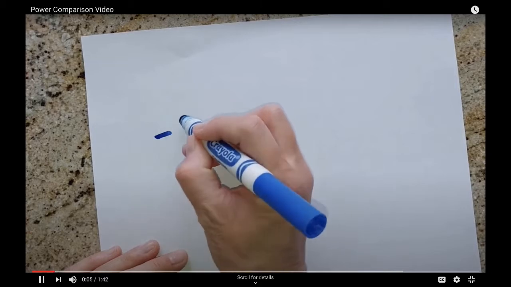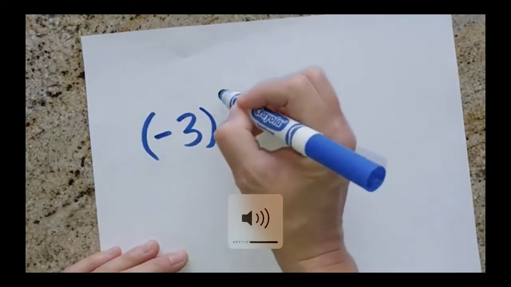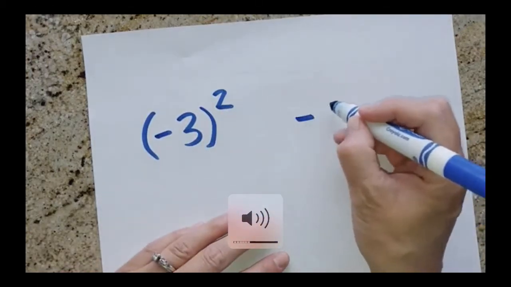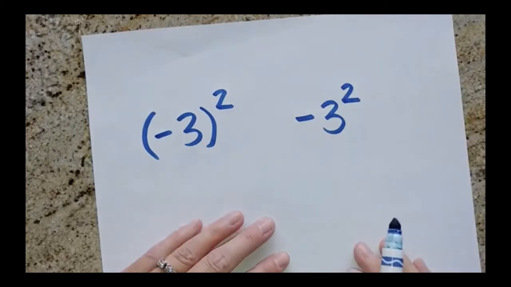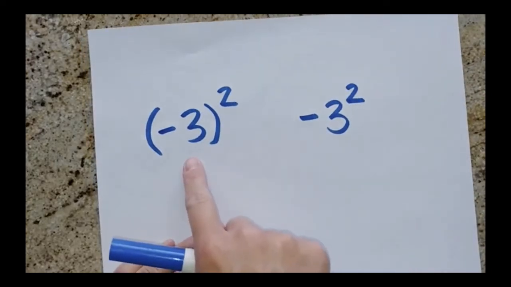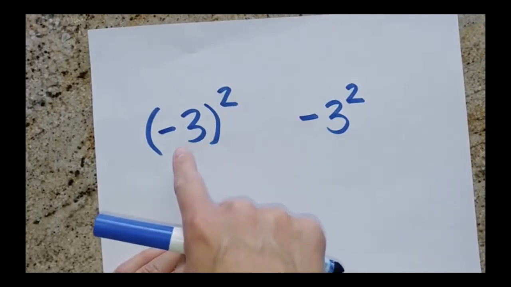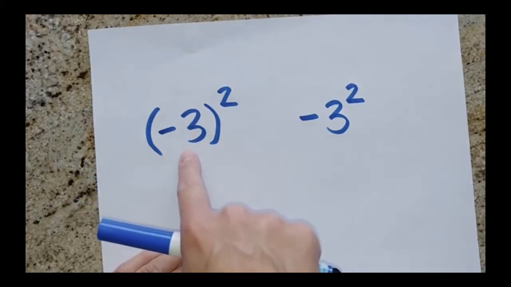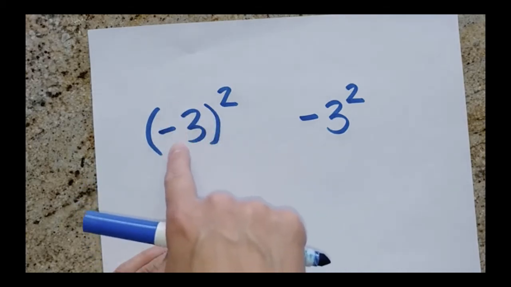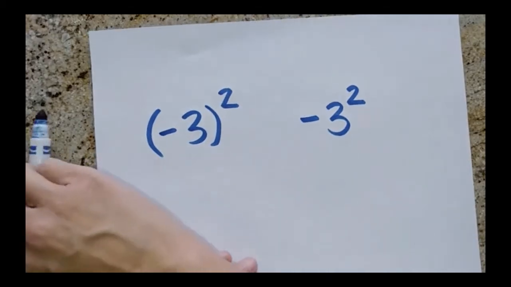Let's quickly take a look at the difference between a power written like this and a power written like this. Over here, this power is saying -3 to the second power. Because the -3 is in parentheses, we're going to take the entire -3 to the second power.